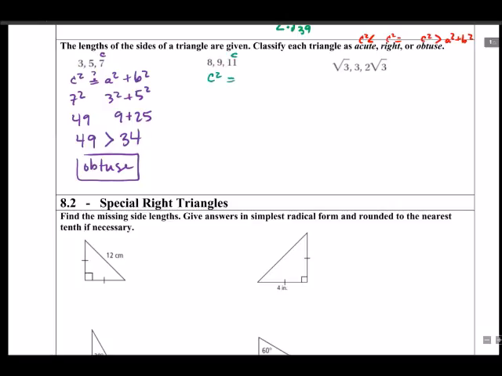So c squared, does that equal a squared plus b squared? So 11 squared, 8 squared, 9 squared: 121, 64 plus 81. 121, that's 145. 121 is less than 145, so that is an acute triangle.